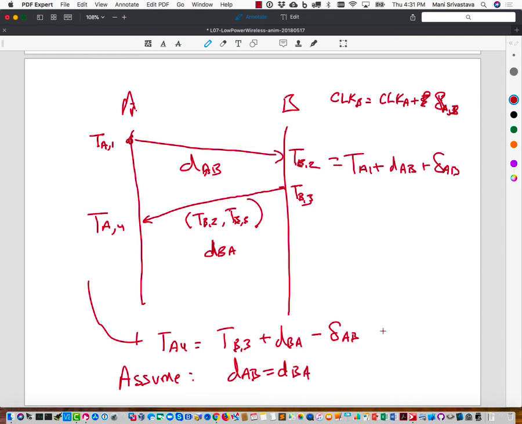Now, there are ways to work around this, because you could think about, I send a third message. So I'm going to get a new equation, and I can perhaps more reasonably assume that the forward delay remains constant. If you think about the way networks work, asymmetry of delay is very common, because let's say you're on a mobile phone and a cellular base station.